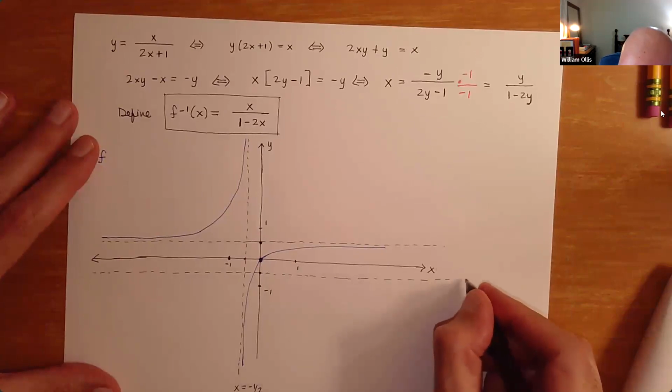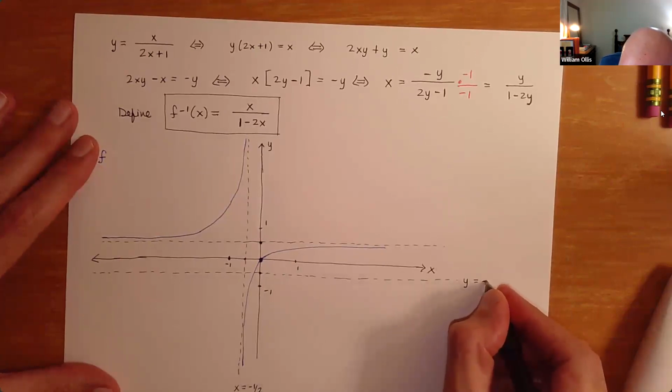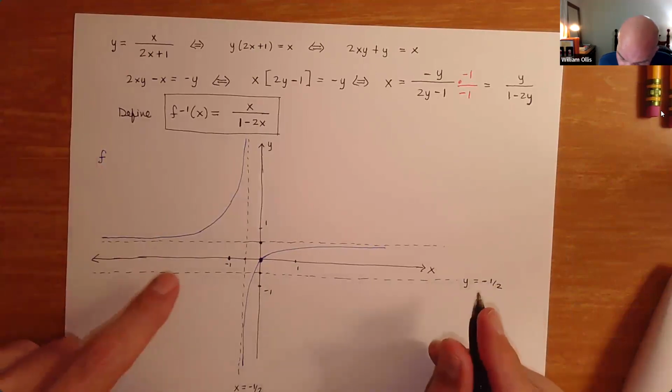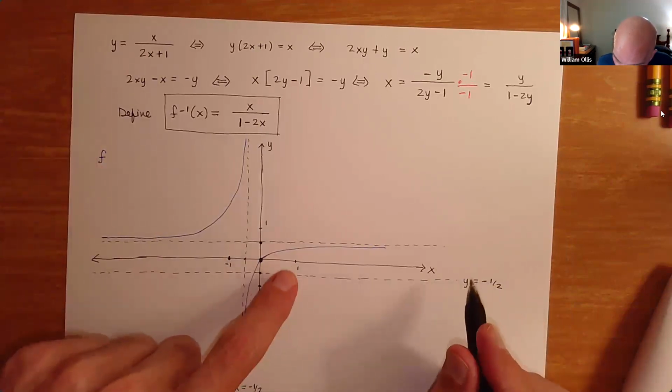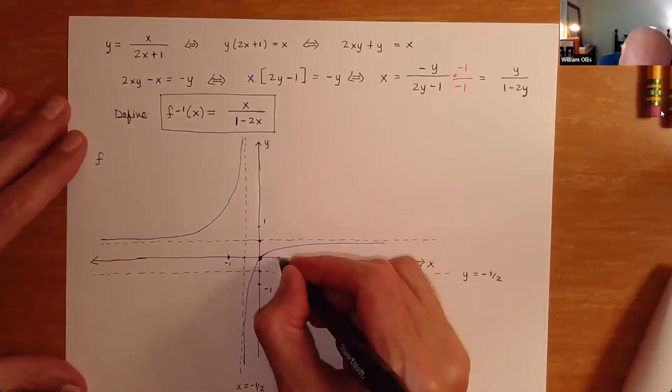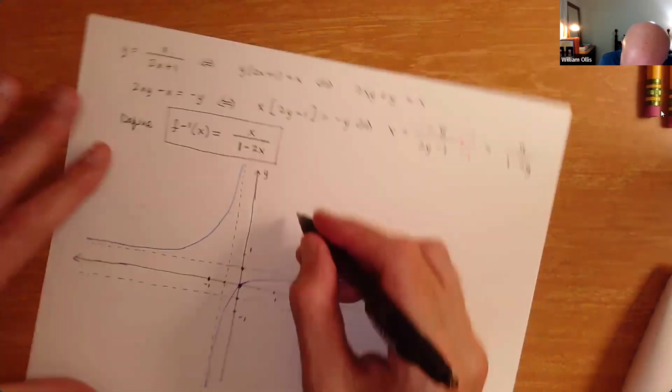So we have y equals negative 1/2. And then the horizontal asymptote y equals 1/2 becomes a vertical asymptote, x equals 1/2. So we'll go ahead and put that in.